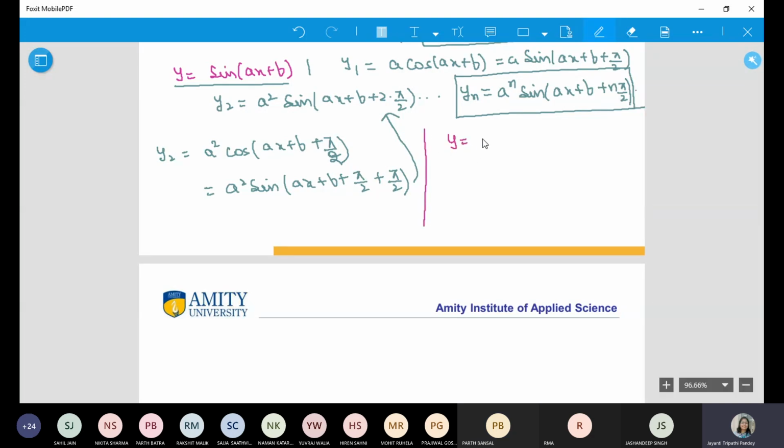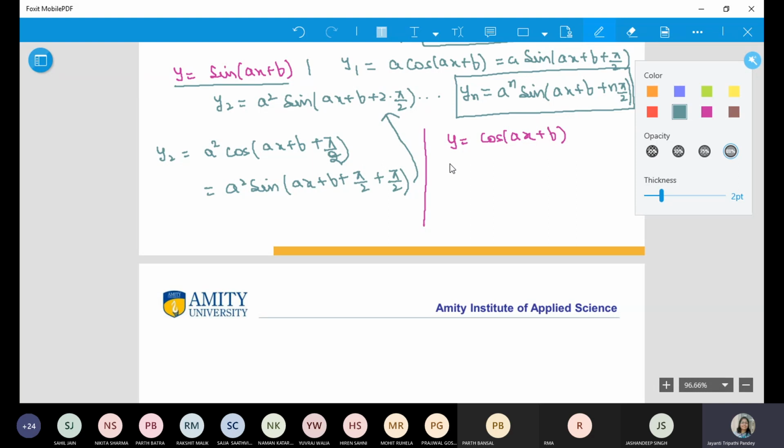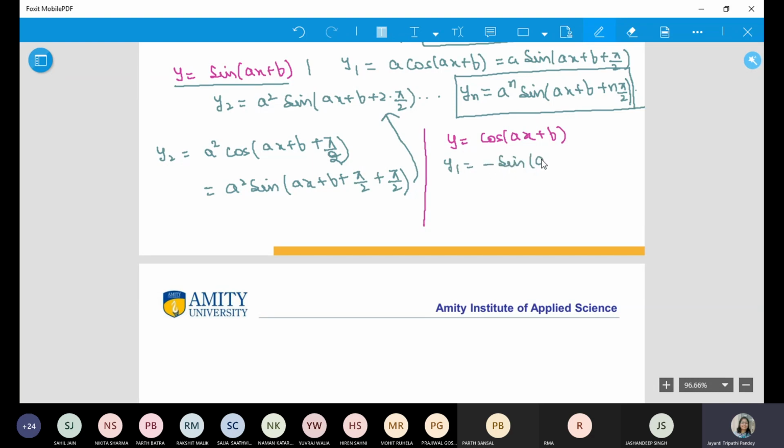If you have y is equal to cos ax plus b, then see how we are doing. So y1 is minus sine ax plus b into a. So I'm writing it as minus a sine ax plus b. That can be written as a cos.